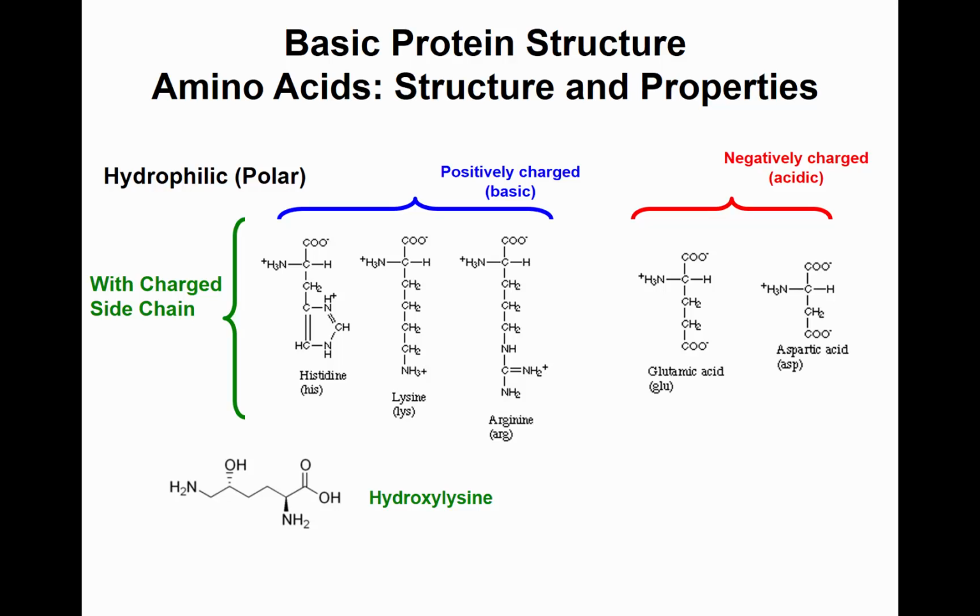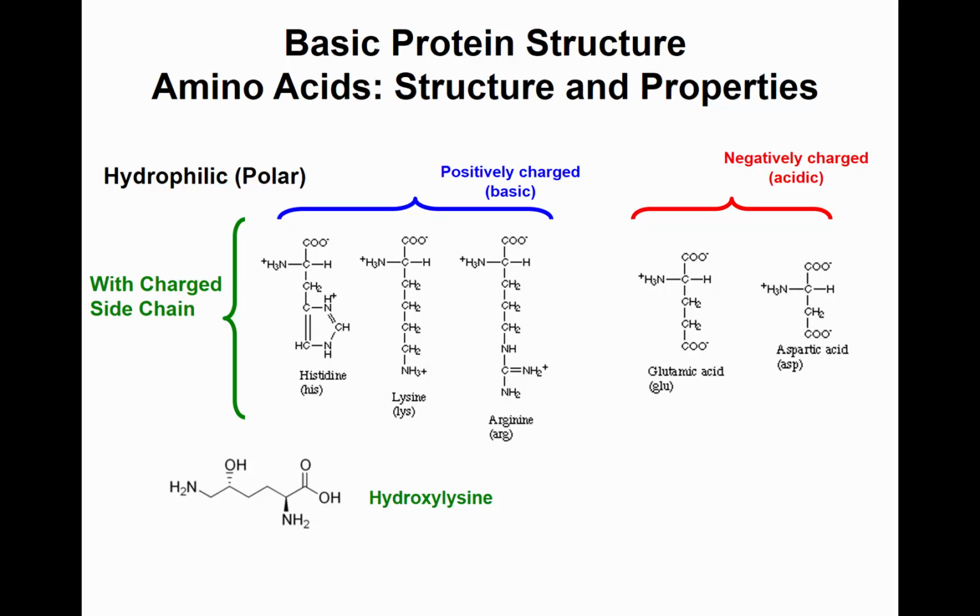So in addition to the terminal amine here, they have another amine group that can be ionized. But look at histidine, this is a primary amine. Lysine is a tertiary amine. Arginine is a secondary amine. Why is that important?